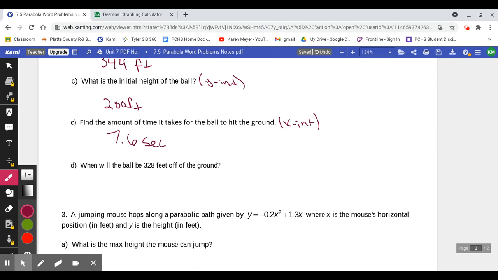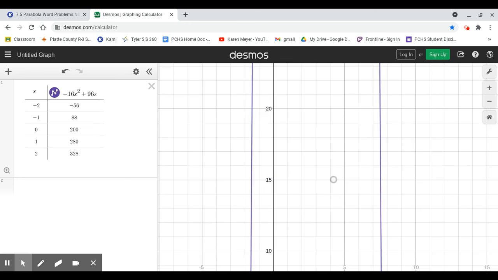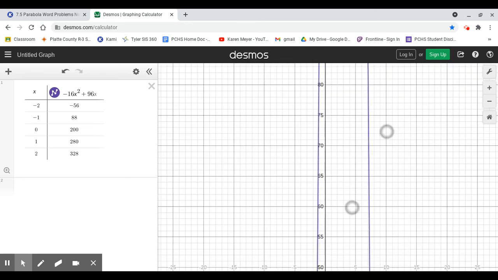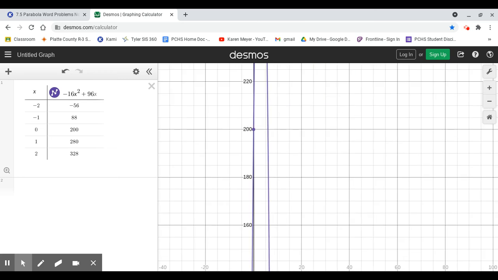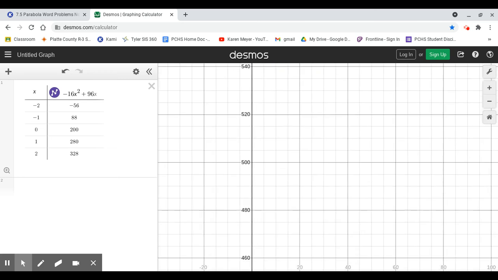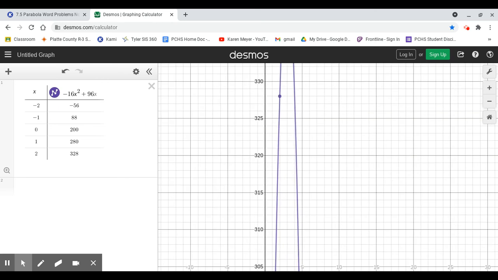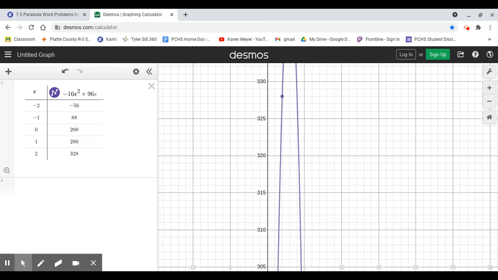When will the ball be 324 feet off the ground? We're basically saying y is 328, and our job is to figure out x. We can keep sliding up here till we get to 328. 25, 26, 27, 28.